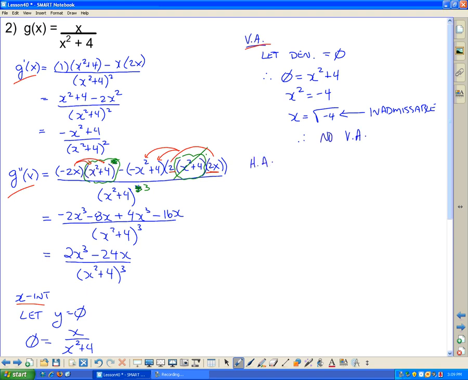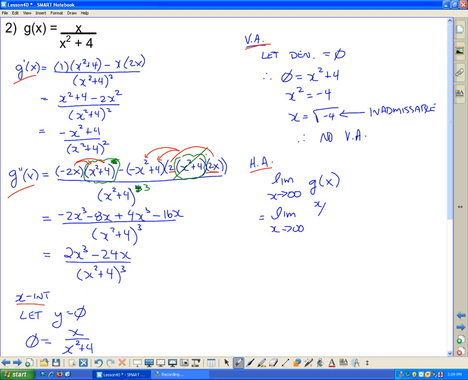Next, I move on to the horizontal asymptote. So that is g of x. What we're going to do is the limit as x approaches infinity for g of x. The way you do that, this goes back to unit 3, okay? You look for the largest exponent in that function, it's x squared.